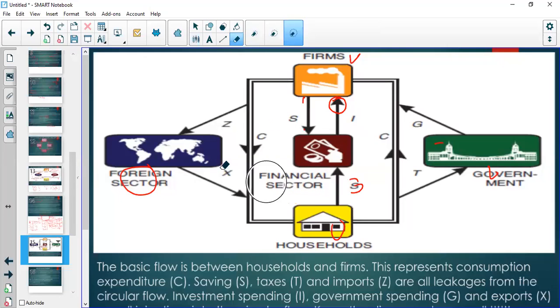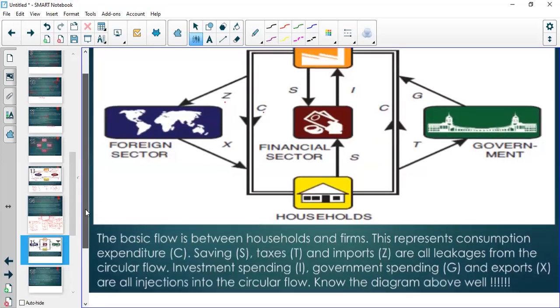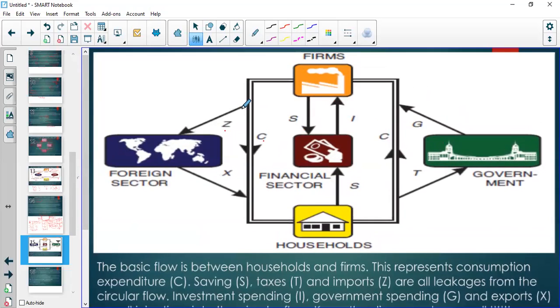So a question that you most likely are going to be asked, you stand a very good chance to get this, and then they will say label Z, C, and X. What are those things? So what's going to the foreign sector?